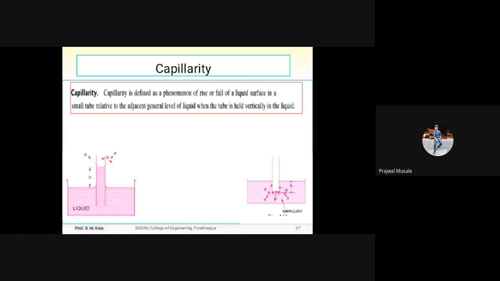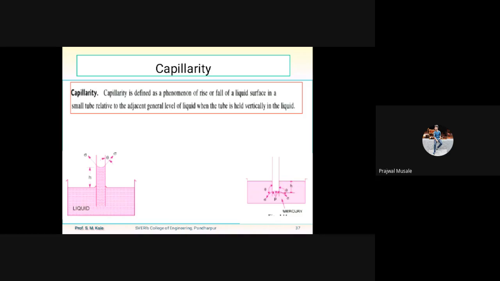Whatever capillarity action is there, it is mainly caused because of the cohesive as well as adhesive force of attraction. What is meant by cohesive force of attraction? Cohesive force of attraction is the force of attraction between two similar molecules. Adhesive force of attraction means force of attraction between two dissimilar molecules.